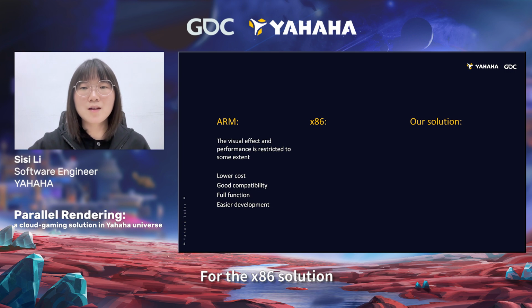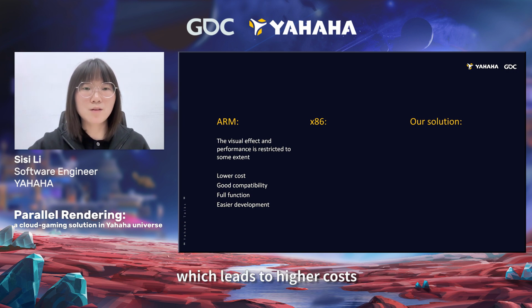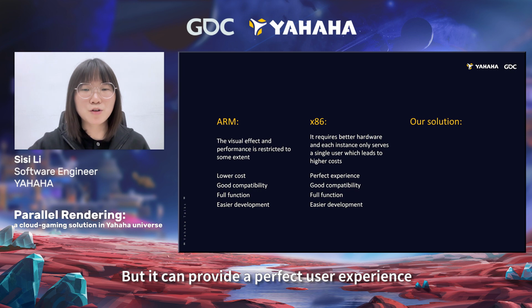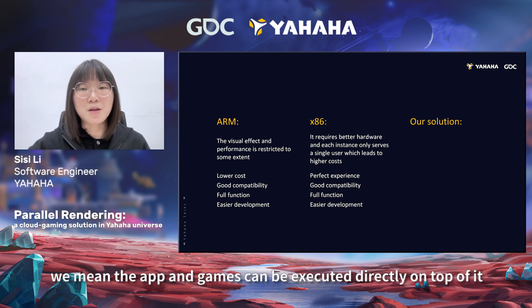For the x86 solution, it requires better hardware, and each instance only serves a single user, which leads to higher costs. But it can provide a perfect user experience and also has good compatibility and full function. By compatibility, we mean the app and the game can be executed directly on top of it.